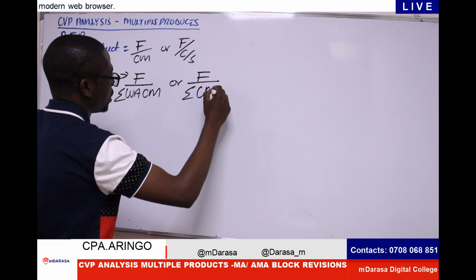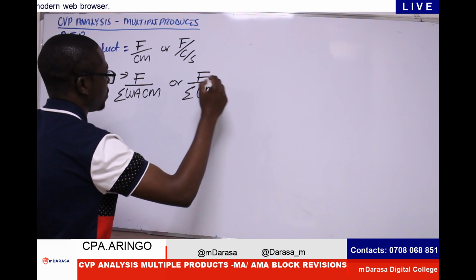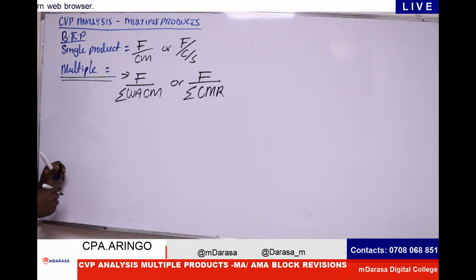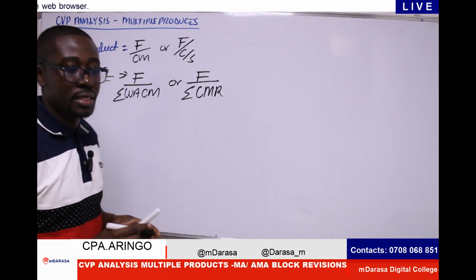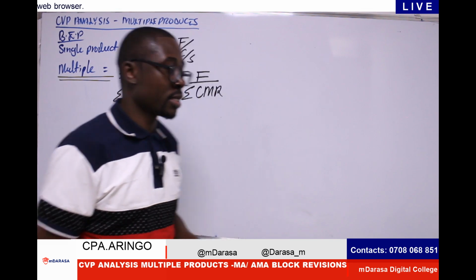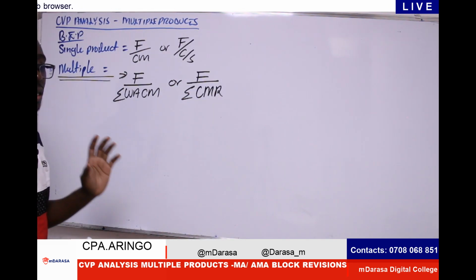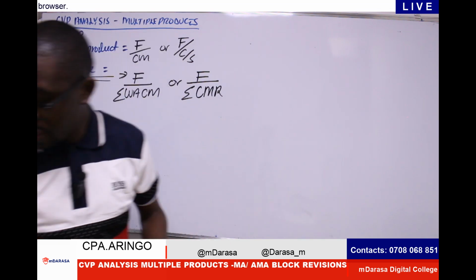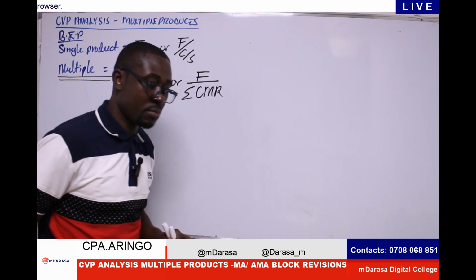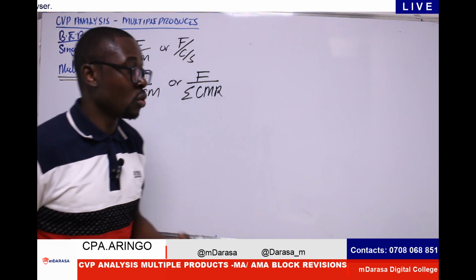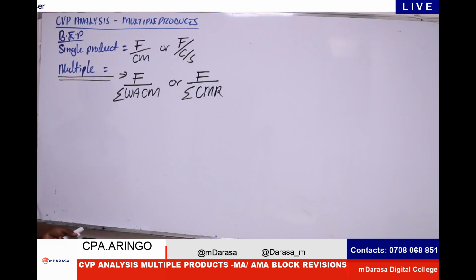Contribution margin ratio, CMR. So these are very important concepts that you must understand anytime you are dealing with multiple products. Our focus in the question is multiple products, a very interesting question that I believe after this, handling any CVP question for multiple products will always be very easy.